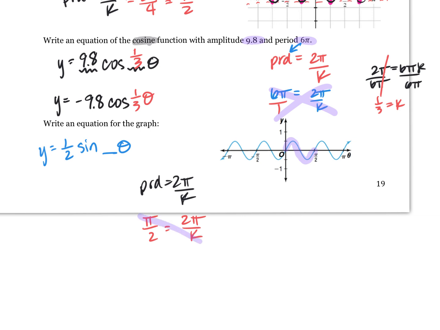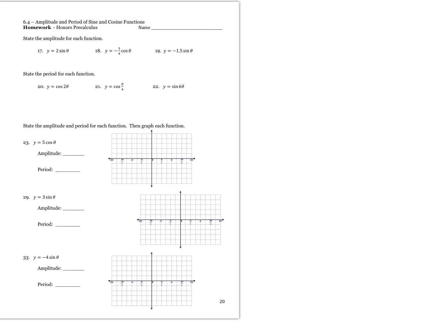Then I'm going to cross multiply, and I'm going to say pi k equals 4 pi. To get k by itself, I divide by pi, and I get k equals 4. And that's what goes right here. Whoa. Okay.